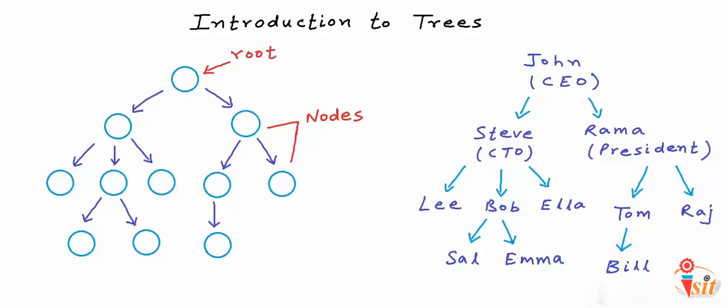In the tree that I'm showing right here, data is name of employee and designation. So we can have an object with two string fields, one to store name and another to store designation. Okay, so each node will contain some data and may contain link or reference to some other nodes that can be called its children. Now I'm introducing you to some vocabulary that we use for tree data structure.